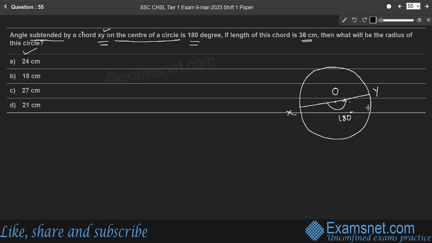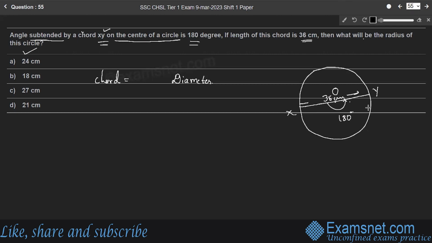So if the length of the chord is 36 centimeters, since the angle subtended on the center of the circle is 180 degrees, therefore chord XY is nothing but the diameter of the circle, because the chord passes through the center of the circle.